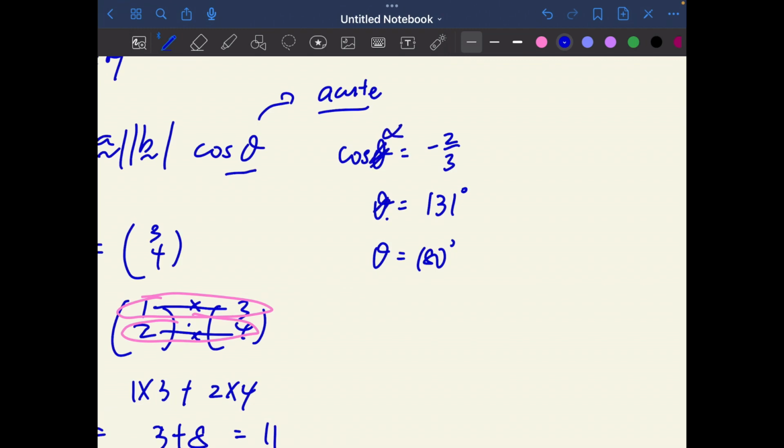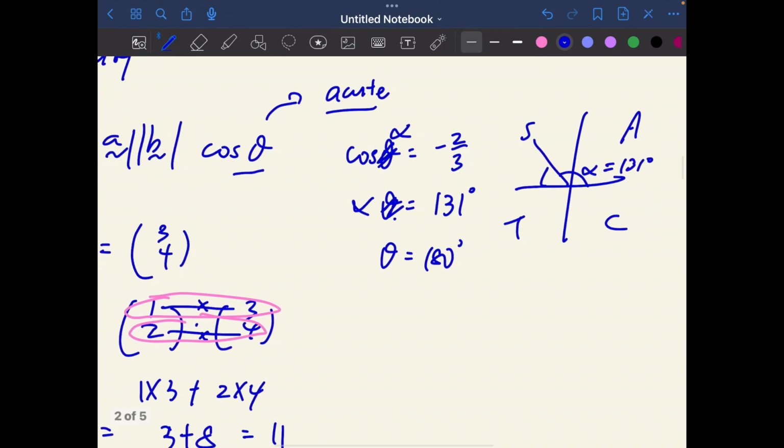This angle is obtuse, and because you know the ASTC is here, alpha is 131, therefore theta is 180 minus 131, which is about 48 degrees.